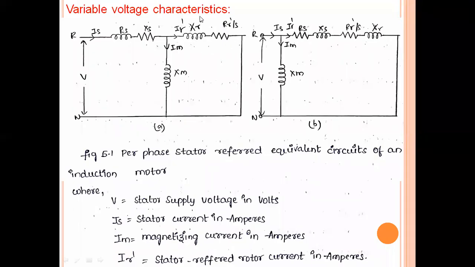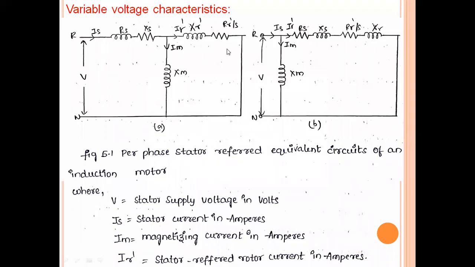So the rotor parameters are called stator referred rotor parameters. You know them very well. We have seen them in machines also. And you can see the current here, IR dash. This is also the stator referred rotor current, in amperes.